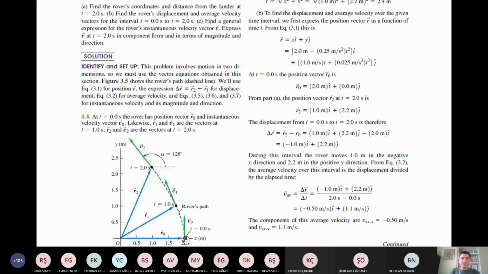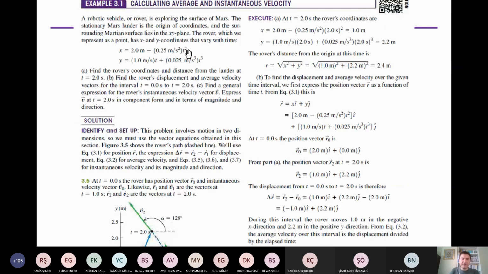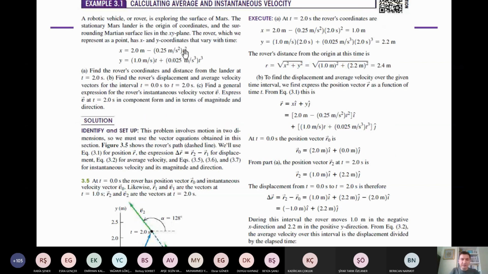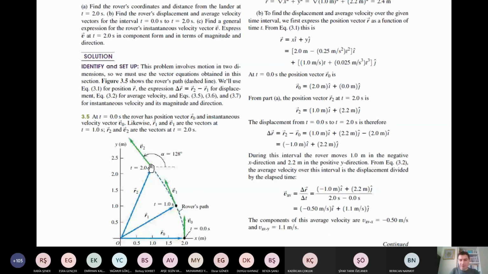And now let's have a look. If I put here 1, and here 1, and here 1 for the first second, then I will have another position which will have an x component and also a y component. And if I put here 2 seconds, then I have another position vector, and another x component, another y component.